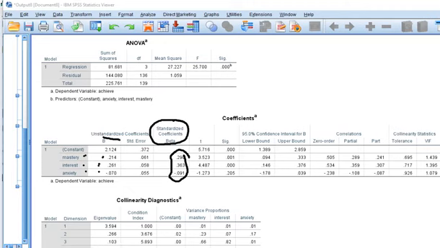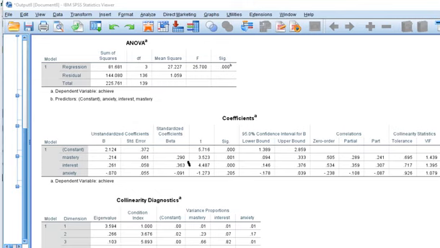So you can see right here mastery, interest, and anxiety. Interpreting the beta coefficient, for every one z-score unit increase on interest, there's a predicted 0.36 z-score unit increase on achieve, controlling for the other independent variables in the model.